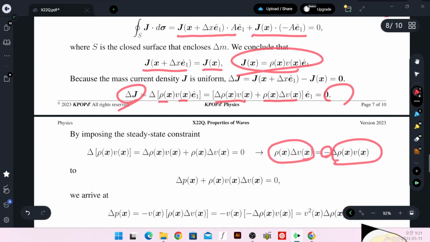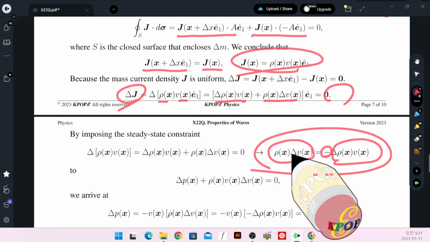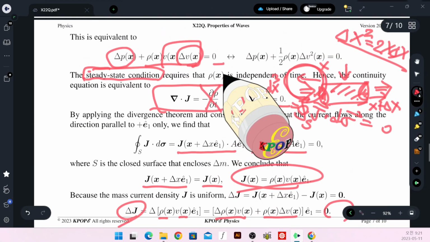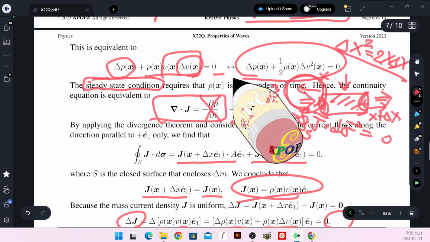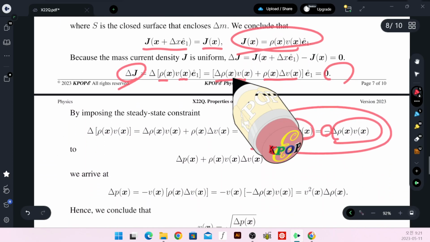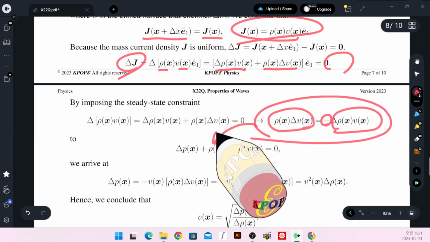We make use of this consequence of the continuity equation in the result we obtained previously, coming from Newton's second law. So Newton's second law is used to substitute this.